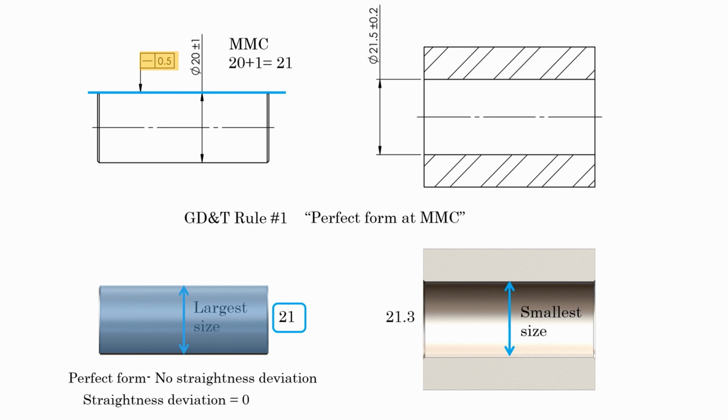Also the same for the hole: when the hole is at its MMC at its smallest size, 21.3 mm, the form of the hole should be perfectly cylindrical, whether straightness is defined or not defined. So the shaft maximum size will still be 21 mm even with 0.5 mm of straightness tolerance. So the shaft will always pass through this hole.